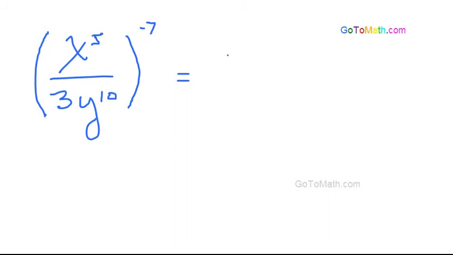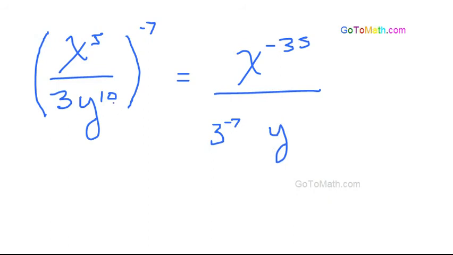Well, we're going to multiply. So this is 5 times negative 7, that's negative 35. That's all over 3 to the negative 7, and then y. So 10 times negative 7 is negative 70.